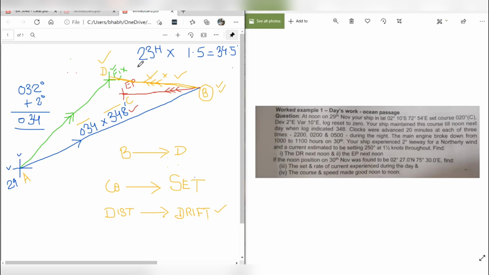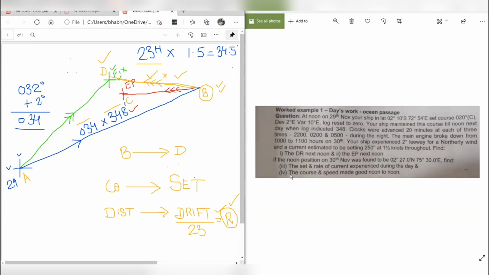We know our sailing time is 23 hours from noon to noon because of 1 hour advancing. So if you divide this drift by 23, you will get the rate of the current. So set and rate ये दोनों हमारे पास आ गया.